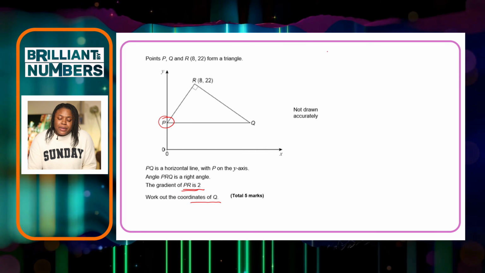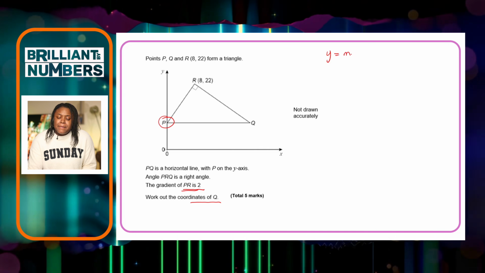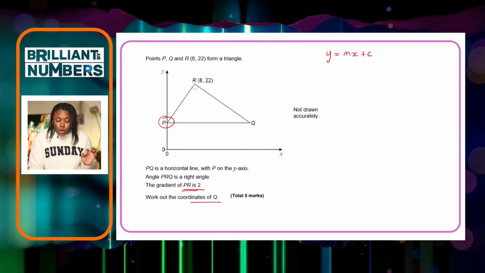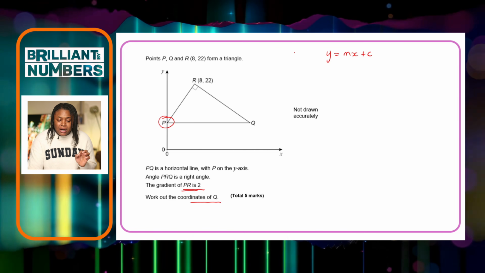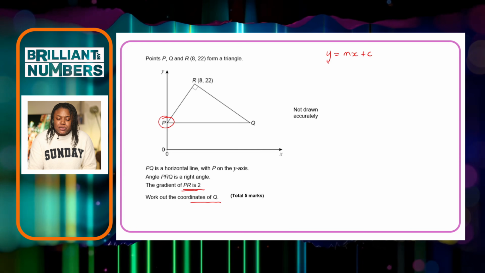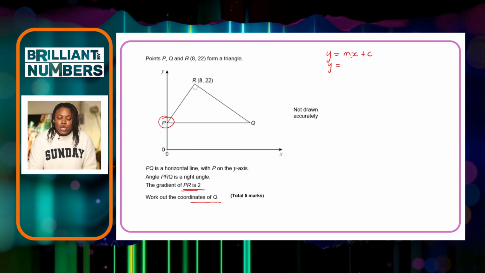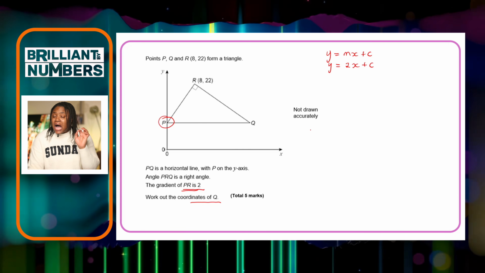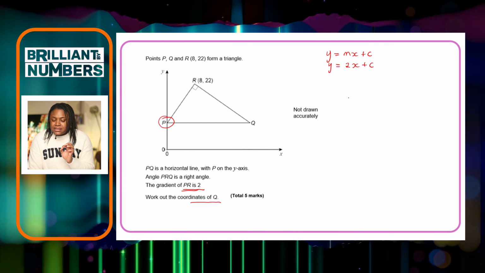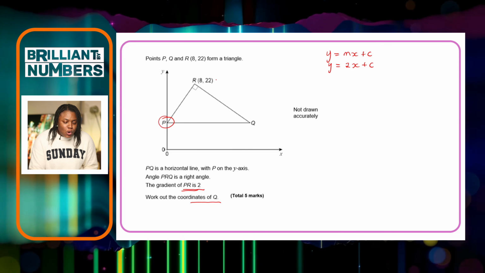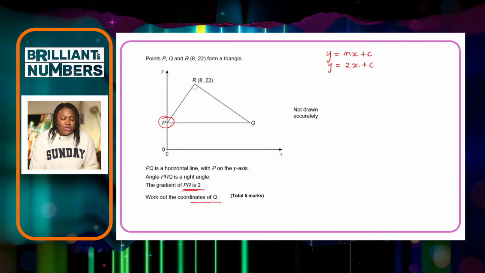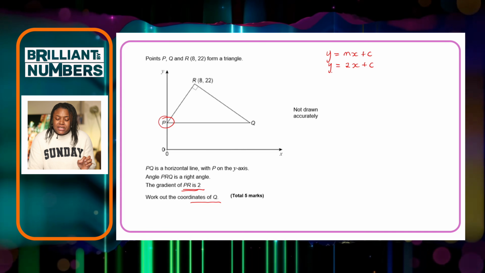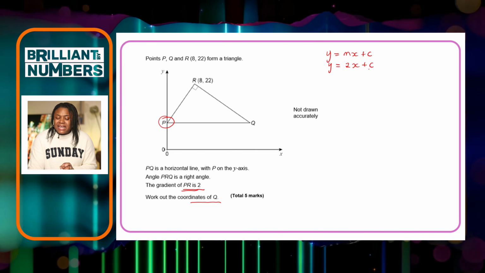We know the equation will be y equals mx plus c. I was told that the gradient of PR is 2, so let's substitute that: y equals 2x plus c. Now I need the y-intercept. I have one coordinate pair that I know, (8, 22), so I can substitute that into this equation to find c.